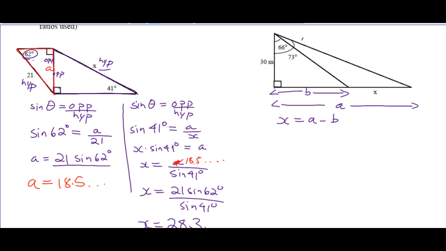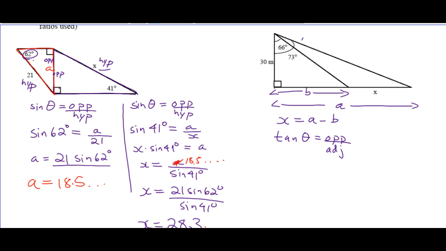So here's the angle that we have. Little a is what relationship to this angle? It's opposite. And what's this side in relation to this angle? Adjacent. So we're going to use tangent, right? Tan theta is opposite over adjacent.